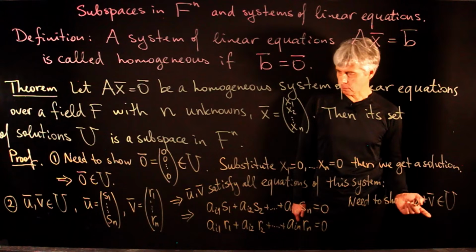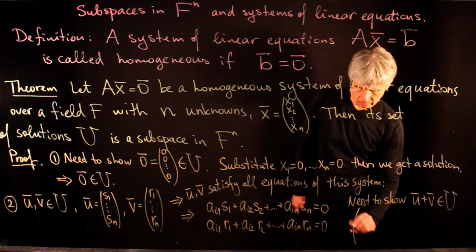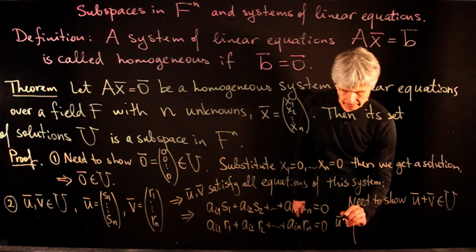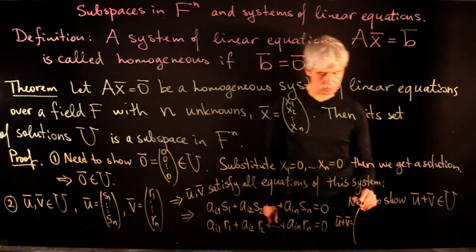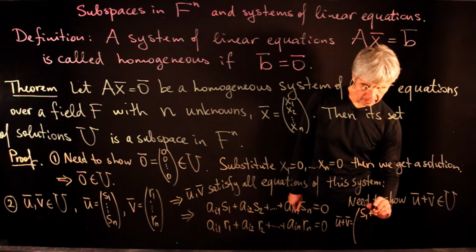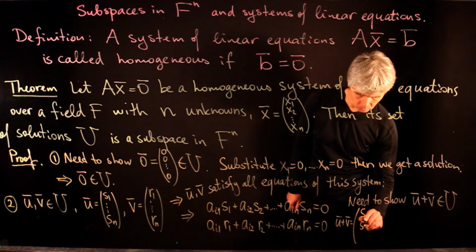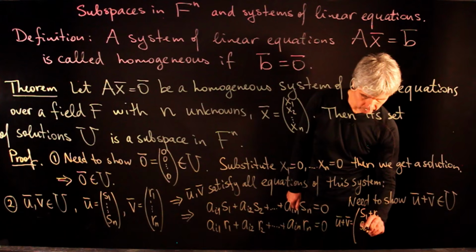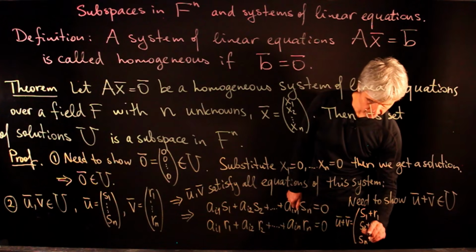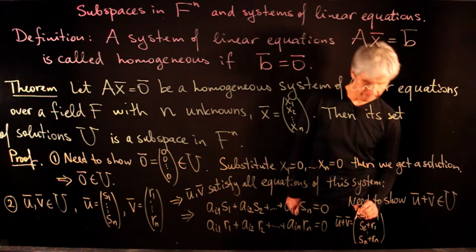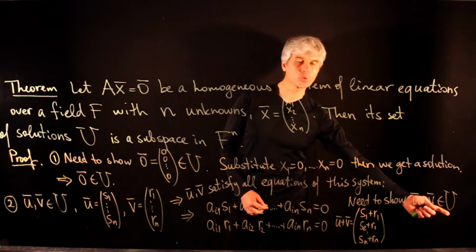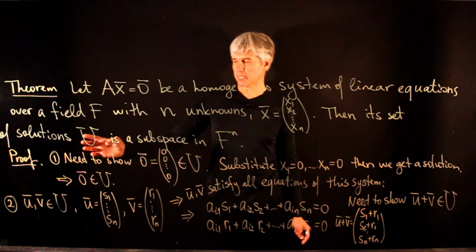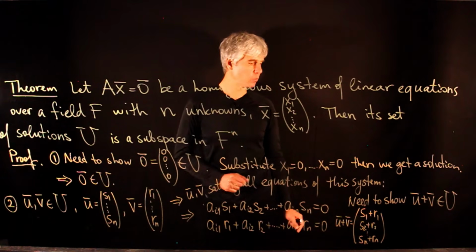So what does it mean? What's the vector u plus v? u plus v is a vector which is the sum of these two vectors: s1 plus r1, s2 plus r2, up to sn plus rn. What does it mean that the sum u plus v belongs to U? U is the set of solutions of the system of equations.